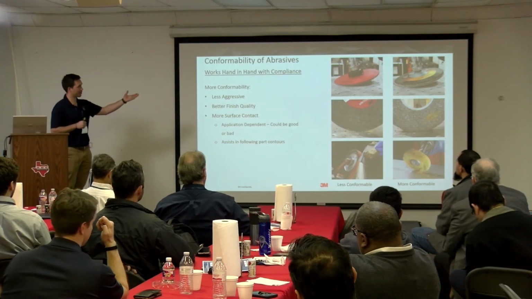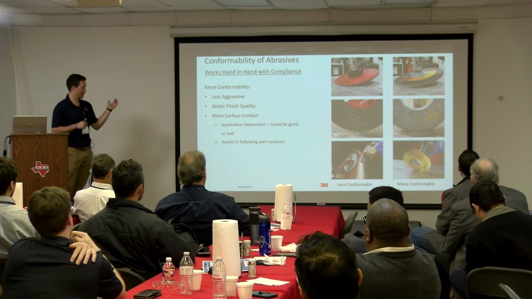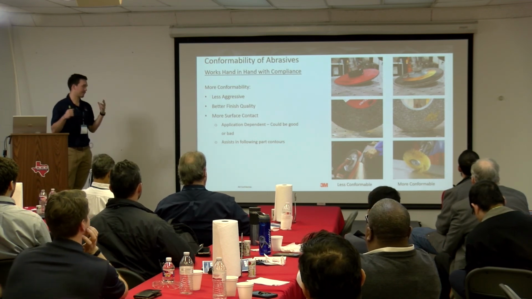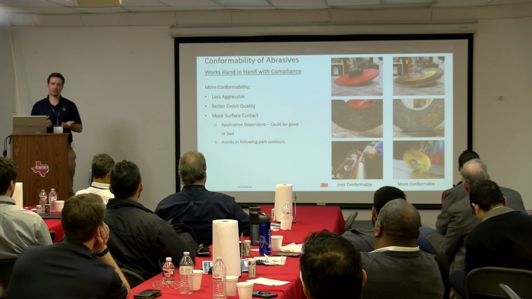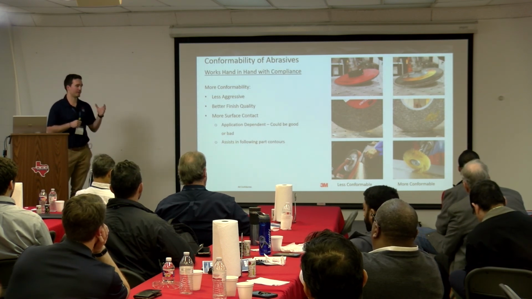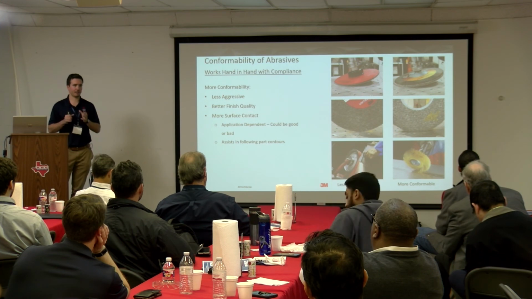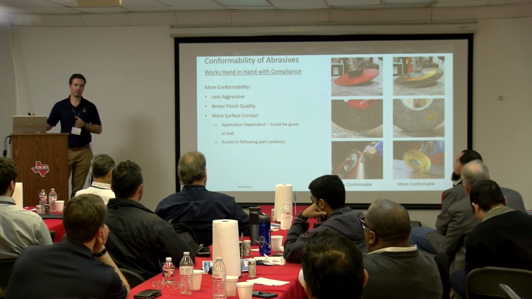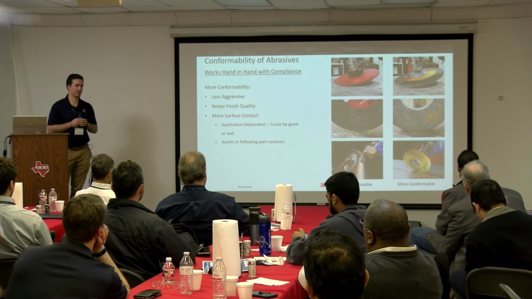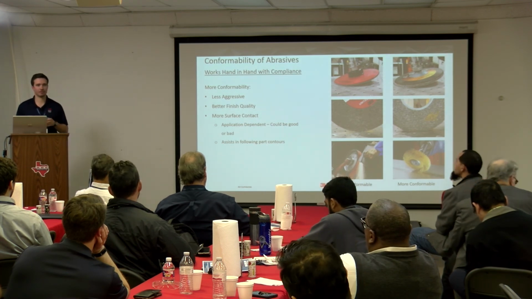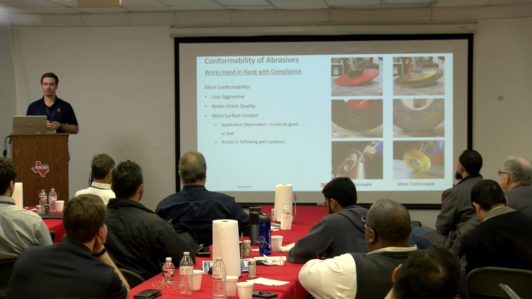We can change backup pads, you can change different wheels, but if you look on the right side, we also have different products that are more conformable, make it easier to program, so all this point-to-point programming is not as necessary, especially when you add compliance in there. So it can help assist in part contours without having to change your programming too much.